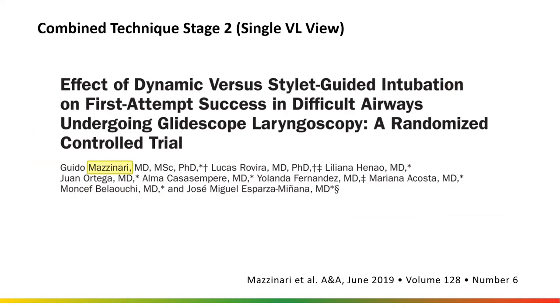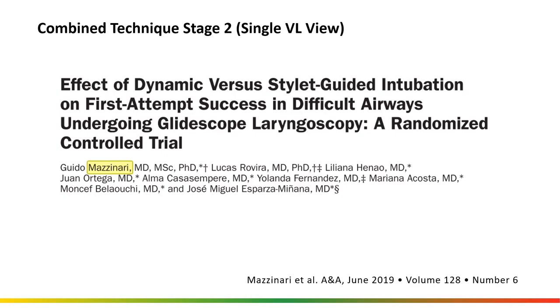Okay, so then the next combined technique stage, stage 2 of evolution, was to take that second view from the fiber optic bronchoscope out. And so now you're just using the fiber optic bronchoscope as simply a blind dynamic stylet. And the only visualization you're using is with the video laryngoscope.